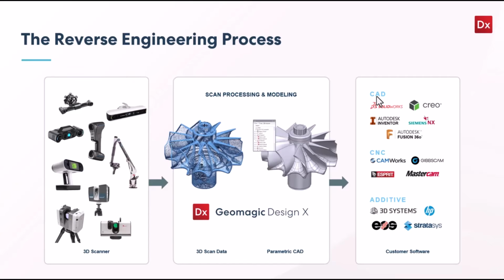CAD is the primary, but we also go straight to CNC packages or straight to additive technologies out in the market. So that's what DesignX is all about: grabbing that scan data, reverse engineering that object, and getting it out to whatever is going to produce that manufactured model. With that, we'll jump right into the DesignX portion.